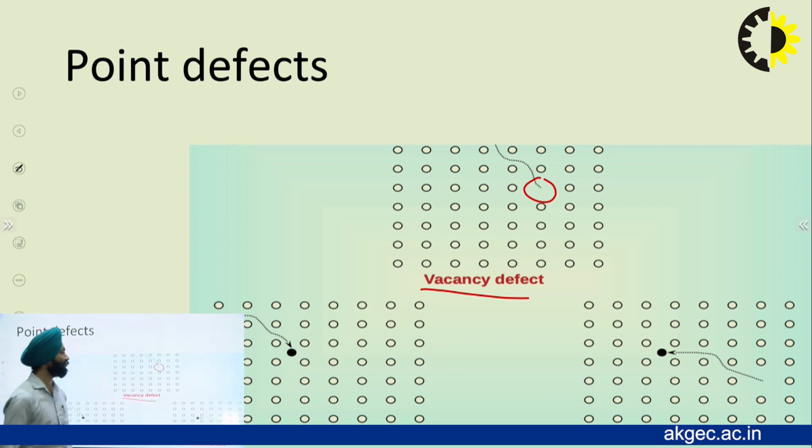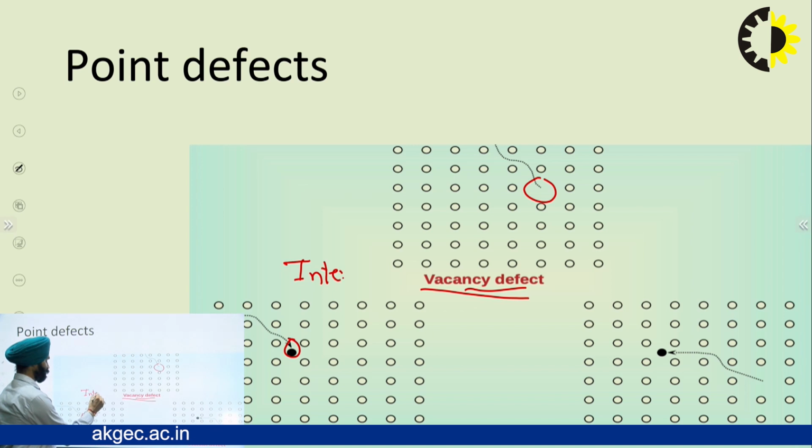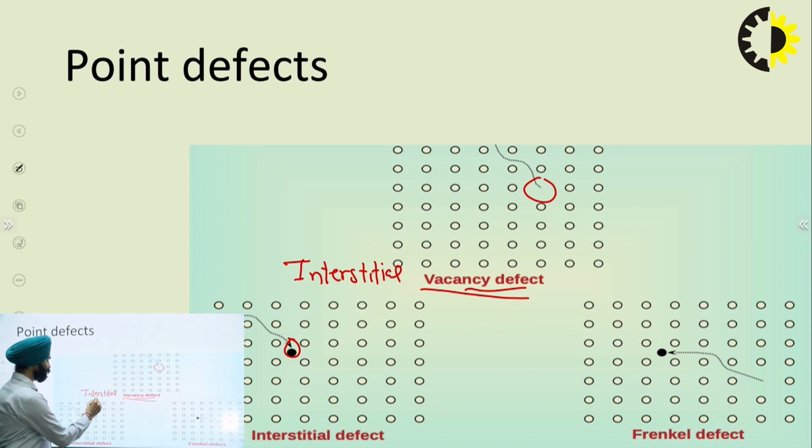So this will create a vacancy defect. Similarly, if an extra atom is there, that is known as the interstitial defect.